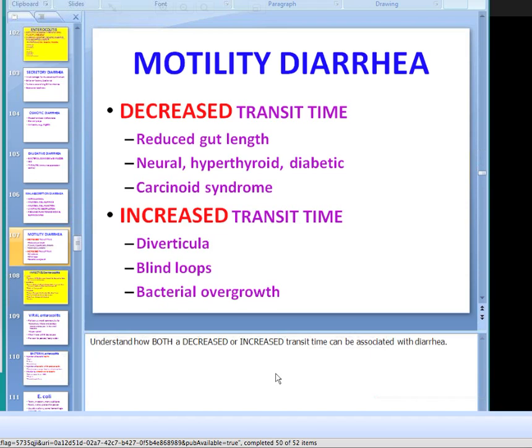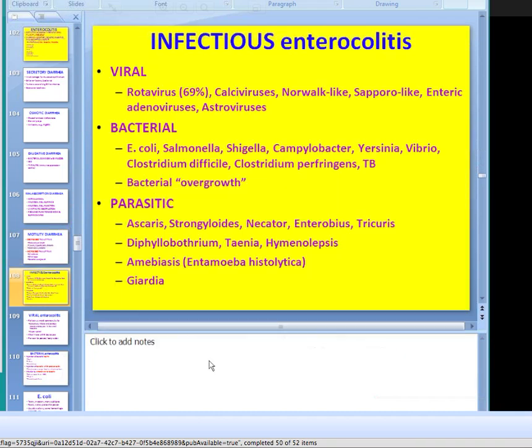Remember, your normal flora is only normal because it's not sitting around in the bowel very long. If you have diverticula or blind loops or bacterial overgrowth, you now have an increased transit time, and those normal bacteria can start to get not normal. They can get pretty nasty.